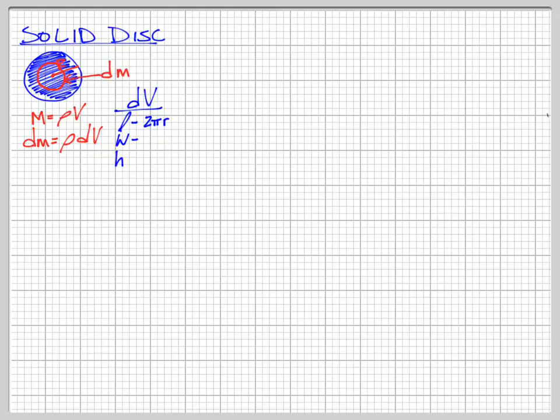So the width of that tiny ring is going to be my dr. And then the height, because it's a solid disk, is whatever the cylindrical height is. I don't know how else to call it but h. So my dv is 2 pi r times h times dr. So we're going to take that, plug it in for dv.